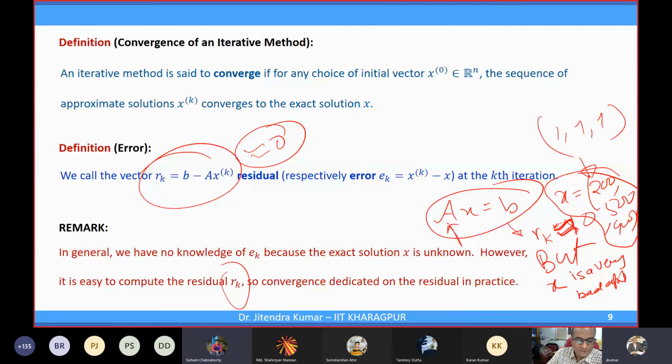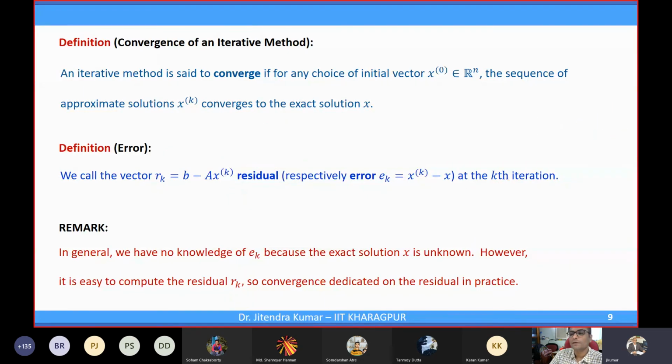So then how can we rely on this definition? We cannot rely very much on this. For that reliability, we have a mathematical tool called the condition number.